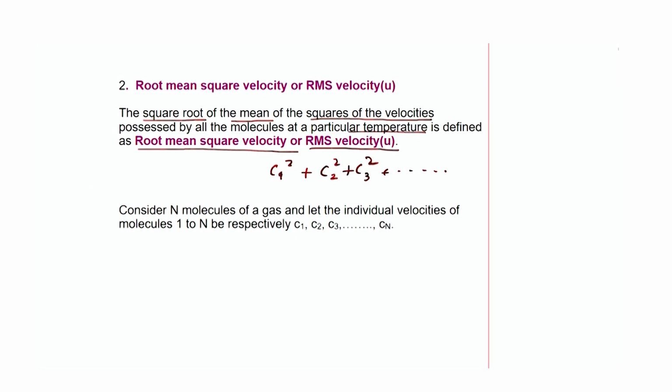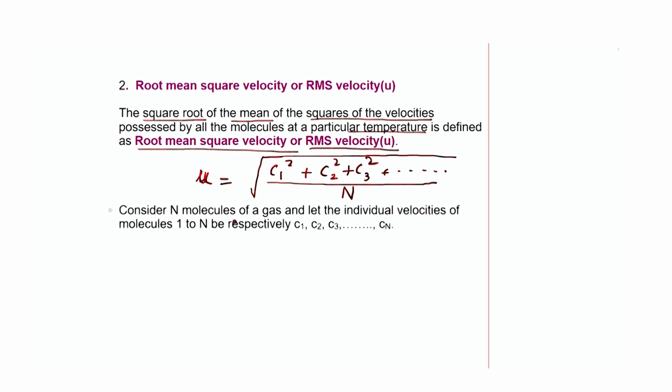You have to take the mean, so I will be dividing it with capital N, okay, and you have to take the square root of this. See, we have taken the mean of squares of velocity, okay, and then its square root. This becomes RMS velocity, which is denoted by the small letter u.